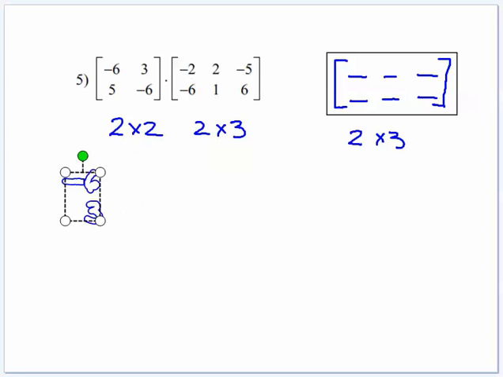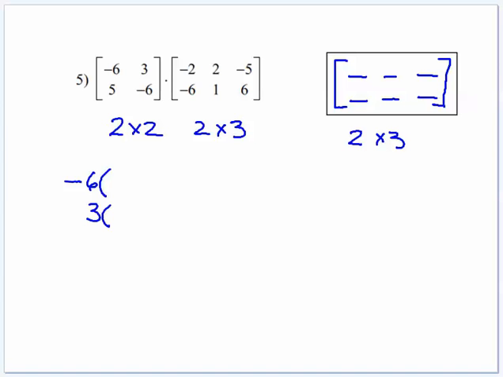What I like to tell my students is to write these out here and then write these numbers next to it so that we can do the rest of the math, and we'll step across the columns. So here goes. -6 and 3, so we've taken the first row and rotated it 90 degrees.